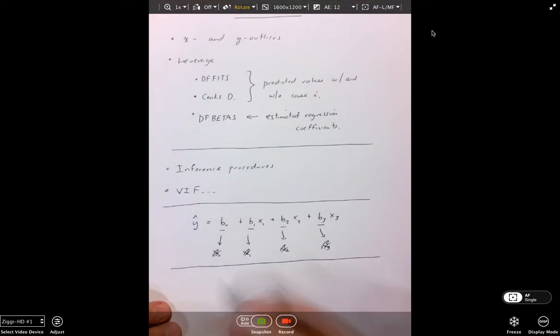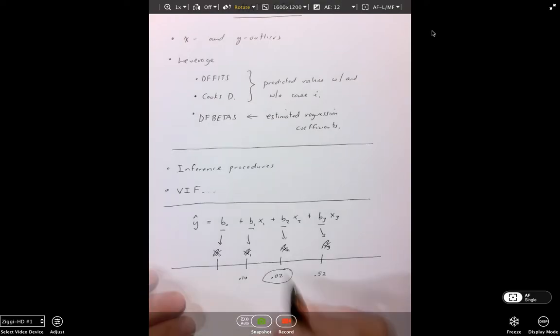We really don't care about the intercept, but let's say the p-value for beta 1 is 0.10, the p-value for beta 2 is 0.02, and the p-value for beta 3 is 0.52.